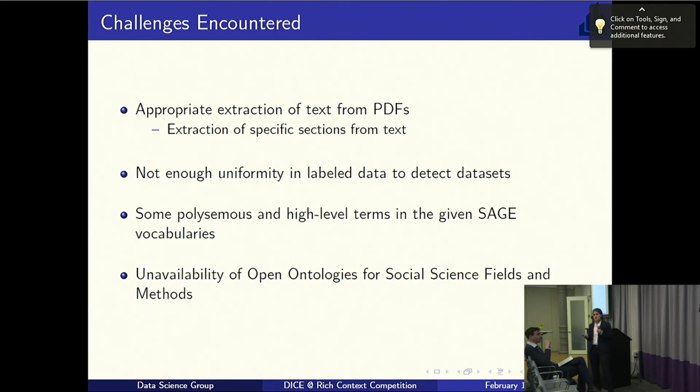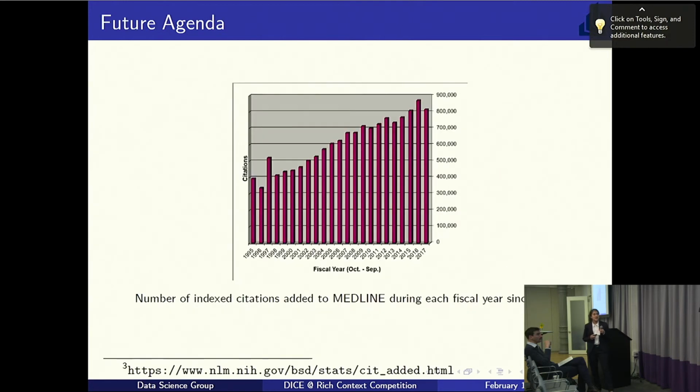Our future vision is in the same direction. As the number of publications that are rolling out every year is increasing tremendously, we can see here that this graph is from only medical sciences domain, but as a matter of fact, we know the scenario is the same in all other domains of social sciences and sciences.